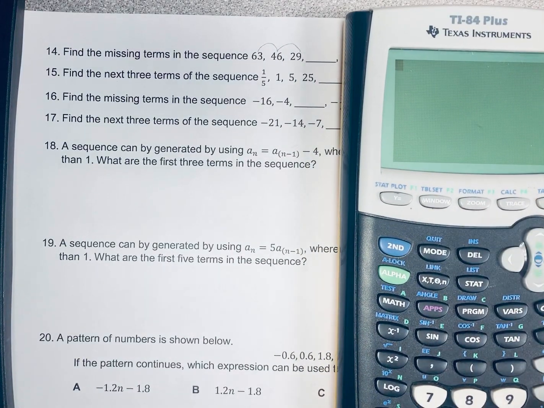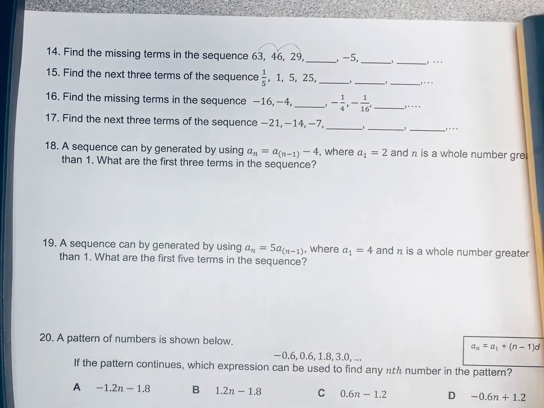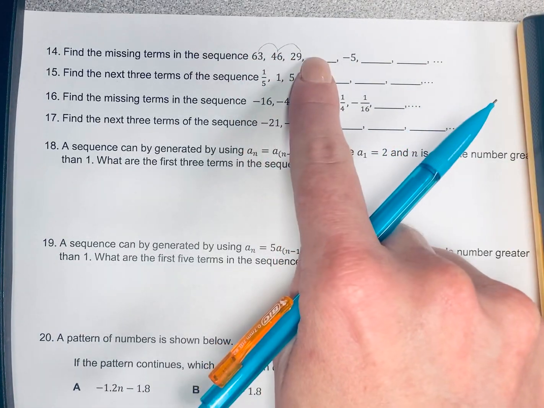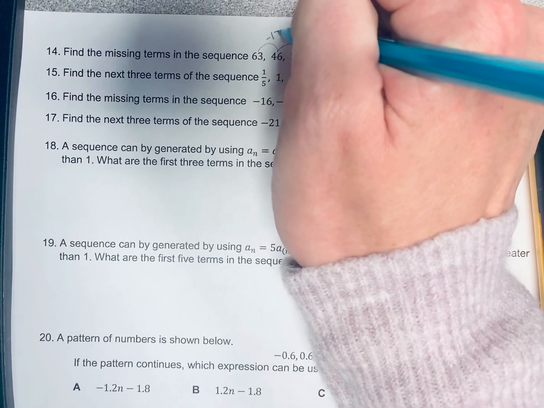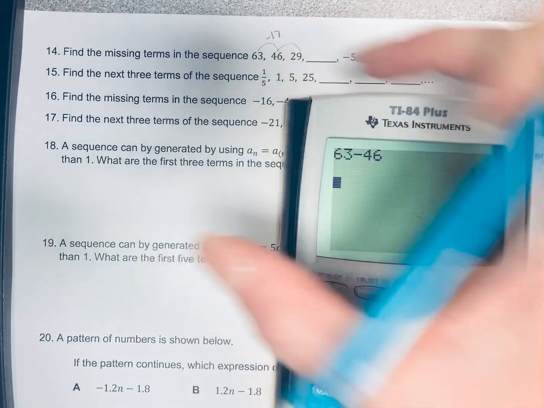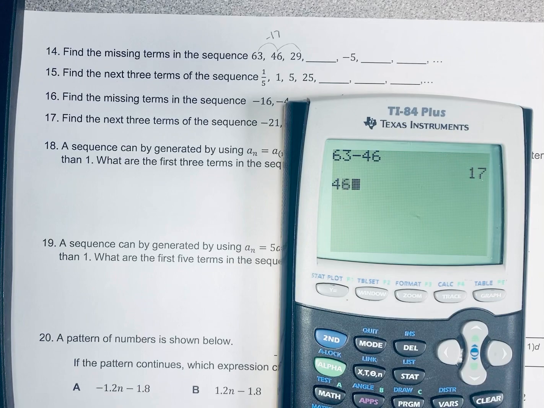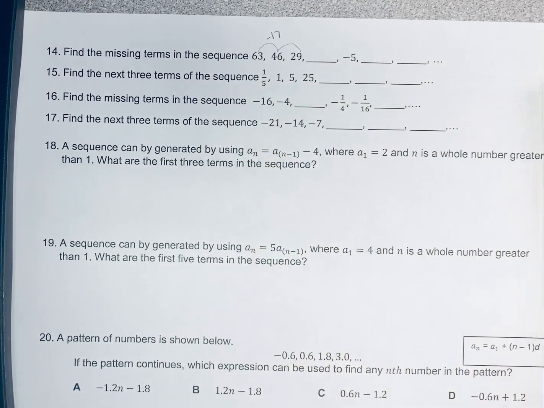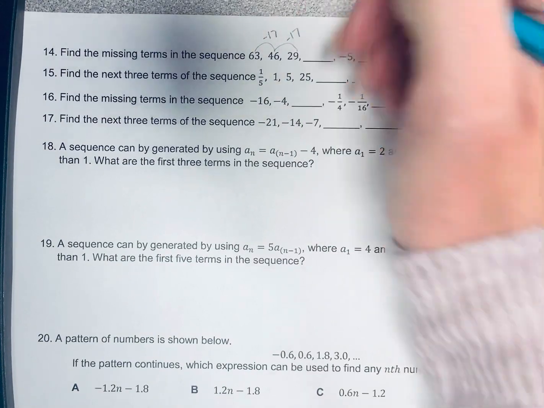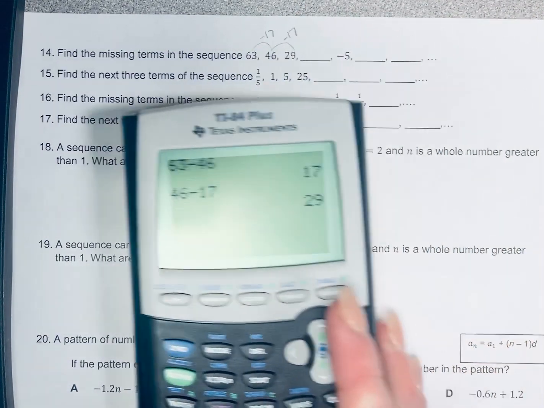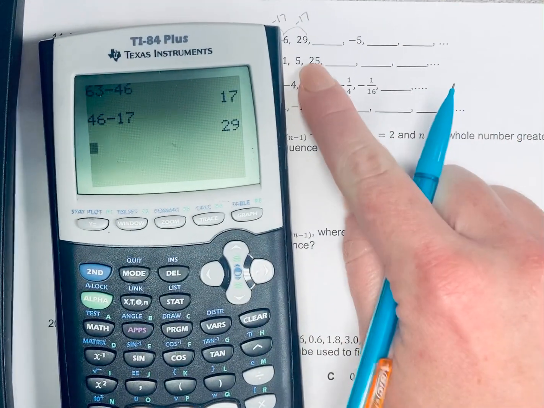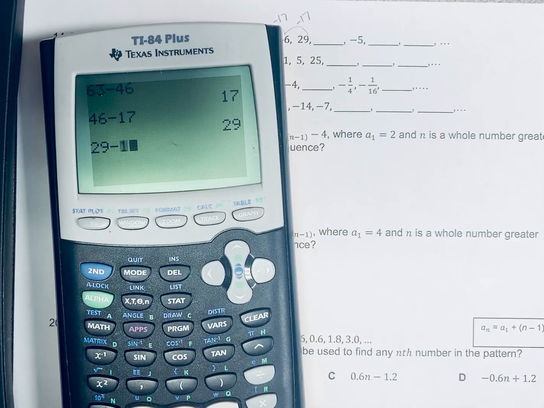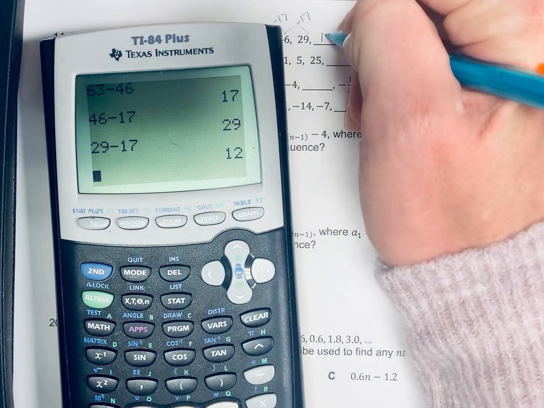So let's see. If I said 63 minus 46, it looks like there's a difference of like 17 through here, right? So I might be subtracting 17. So let's see if that works from 46 to 29. 17. Yep, it does look like that's my pattern. So I'm subtracting 17 each time to get to the next term. So let's figure out what that next term would be. 29 minus 17 is 12.